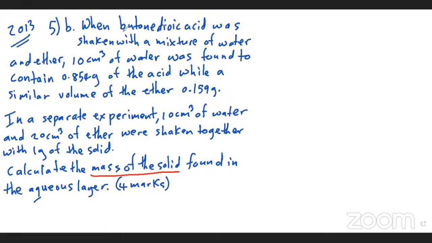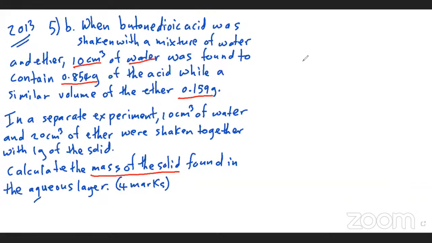It says when butane dioic acid was shaken with a mixture of water and ether, 10 cm cube of the water contained 0.854 gram of the acid, while a similar volume of the ether contained 0.159 gram.